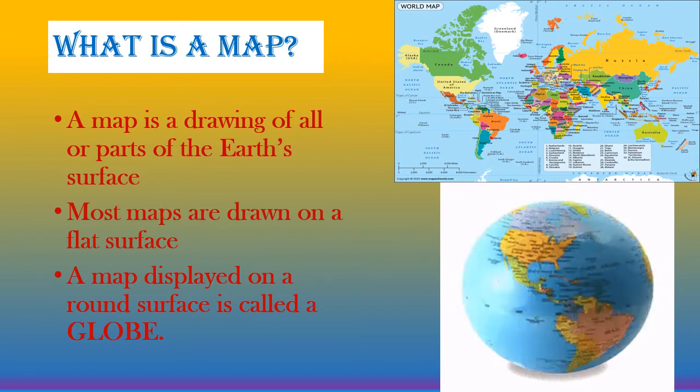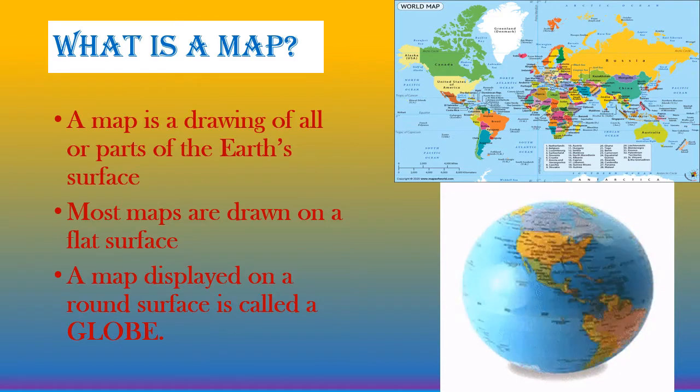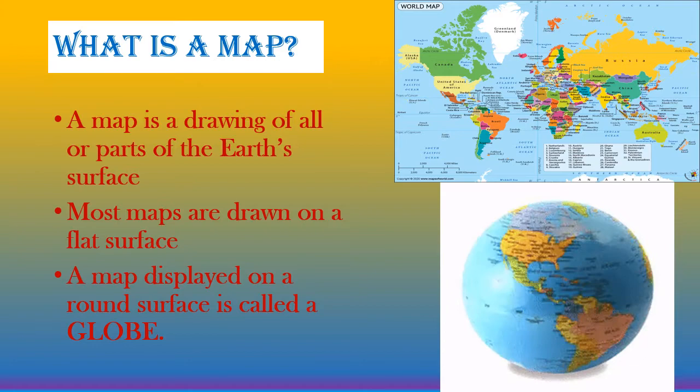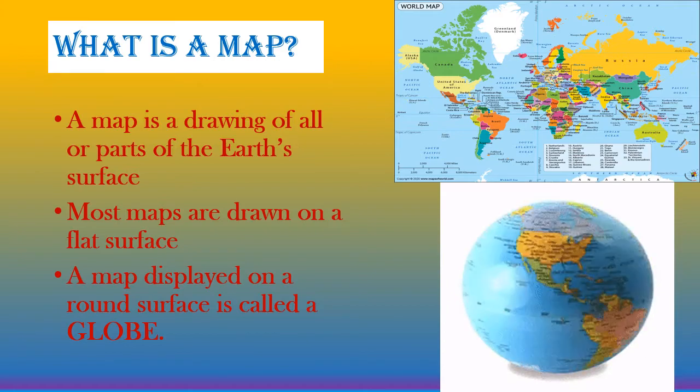Maps may show visible features such as rivers, lakes, oceans, forests, buildings, and roads. Maps represent the real world on a much smaller scale. They help you to travel from one location to another. They help you organize information.